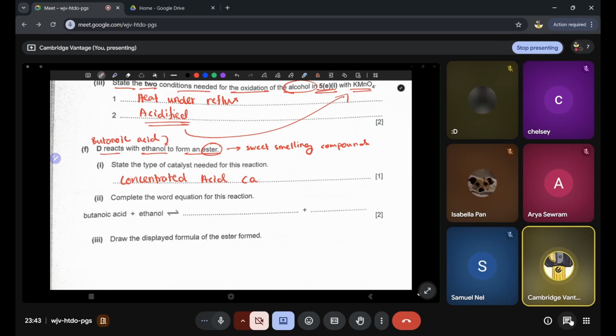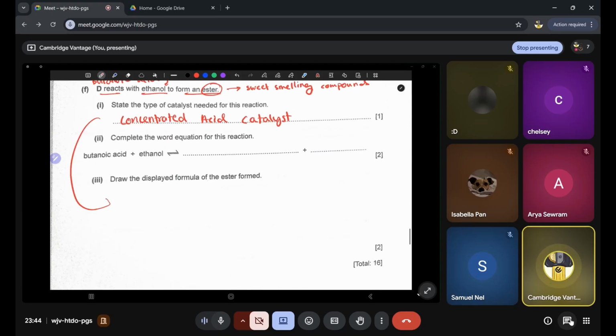Concentrated acid catalyst. The reason we are making this distinction is because esters can be hydrolyzed. And when we hydrolyze esters, we either use dilute acid or dilute alkali.